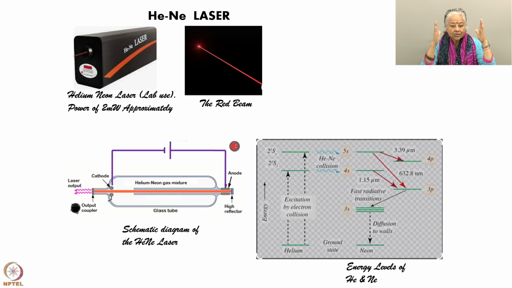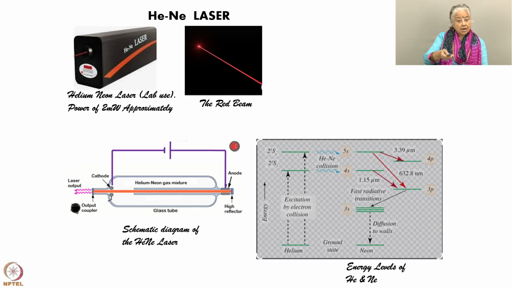Once you do that, slowly over a number of oscillations between these two reflectors, the green light will dominate. So, all you are doing is changing the reflectivity of the two end mirrors, and that is one way of suppressing the red and giving way to the green to lase more and more. These are some of the techniques that are used anyway. So, that is something about the helium neon laser.